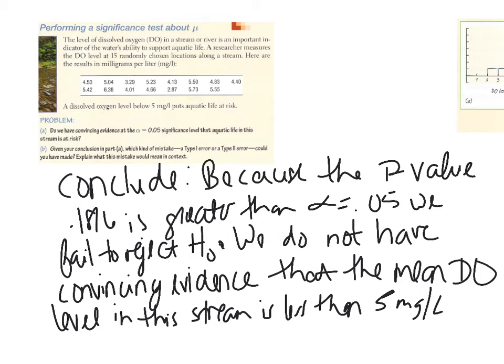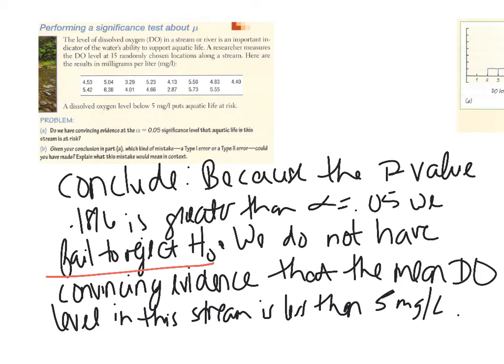All right, so now let's move on to part B. Given my conclusion in part A, which kind of mistake could I have made, a type 1 or type 2 error, and explain what that would mean in this particular context. Based on my conclusion, I failed to reject the null hypothesis.